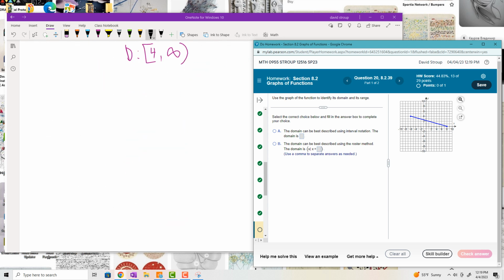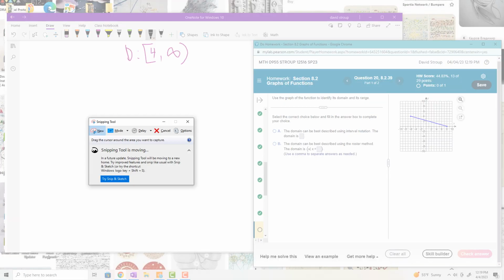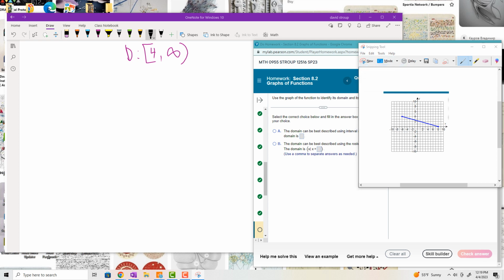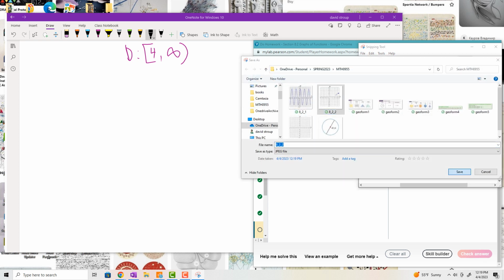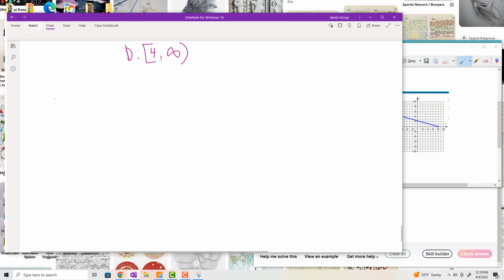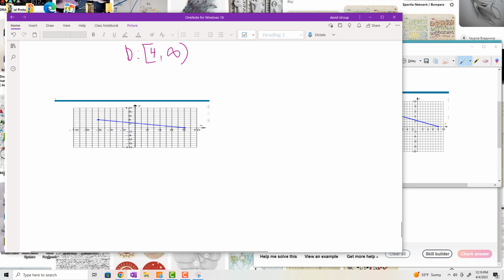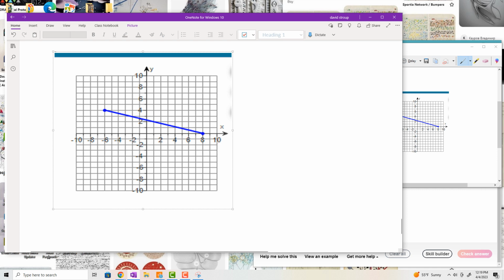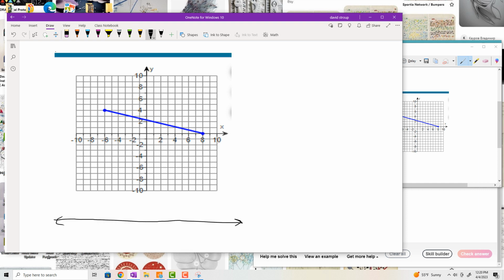Okay, another guy. Copy over here. Insert. Paste. Let's make it a little bigger. Okie dokie. So again, it's the same deal. You want to see the shadows cast by these things onto the number lines.